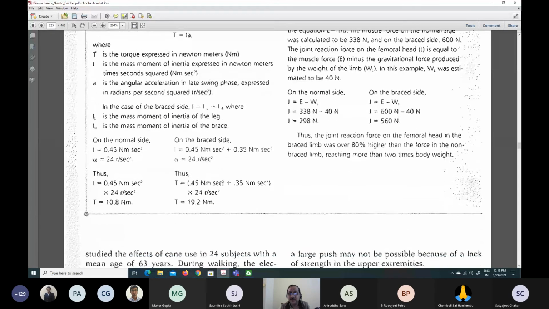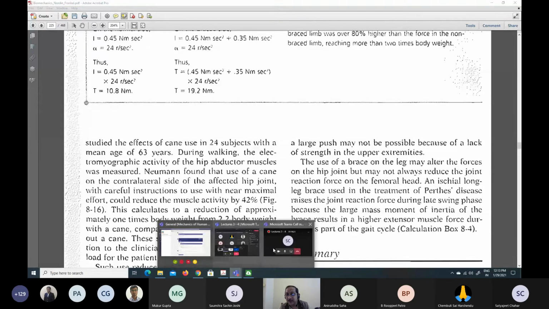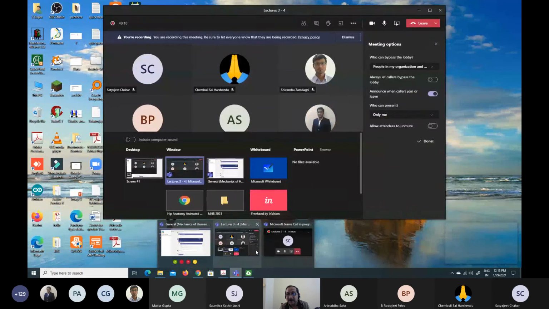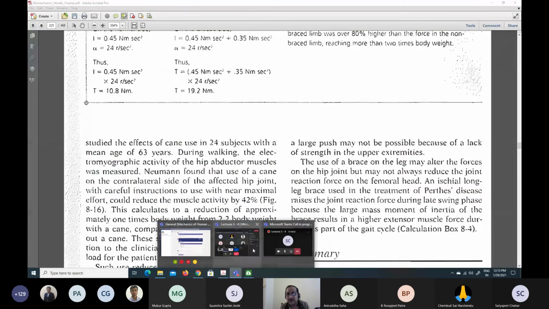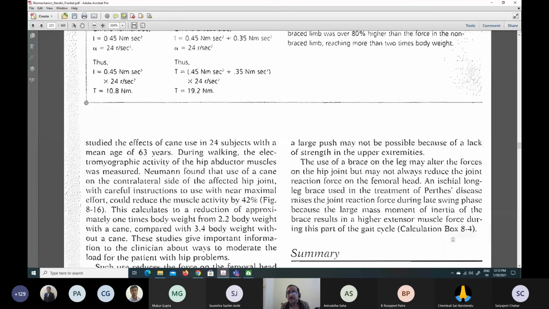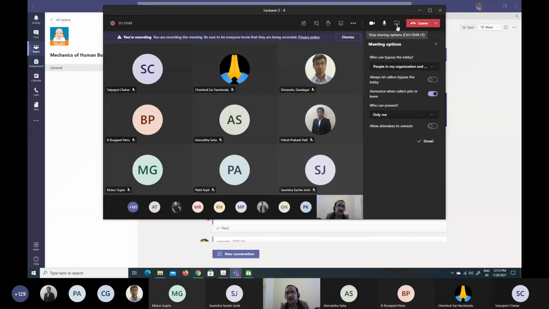Just have a look into this, and coupled with the lecture on anatomy and physiology that I have indicated in the main conversation of the Teams, coupled with this book and the lecture, I think it would be easy for you to understand the basic biomechanics of the hip joint.